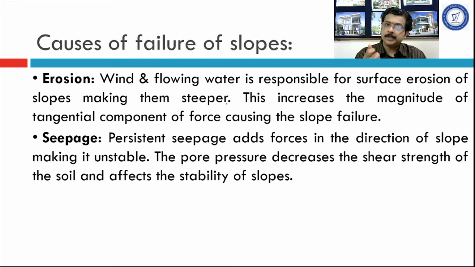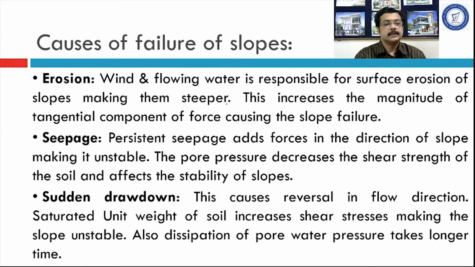What is pore water pressure? The pressure exerted by the water present in the voids of that soil. It will increase, and once that pressure gets increased, it will affect the cohesion as well as angle of internal friction, and those factors would be responsible for the failure of the slope.